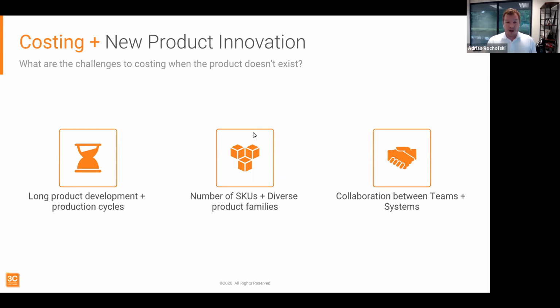And then obviously the last bullet we see here, the collaboration between teams and systems, which, as we talked about, there's a lot of teams and a lot of different departments that are involved in this product evolution, but there's also a lot of systems, right?